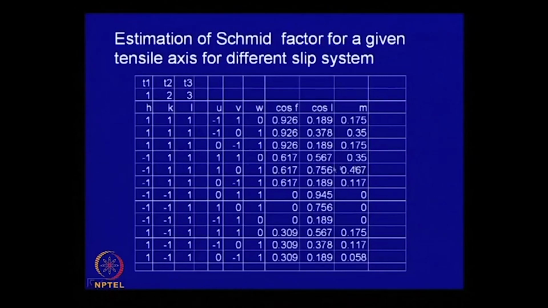Therefore, slip will take place first on this slip system, and it will continue to take place until the resolved shear stress goes on increasing, or until another slip system becomes equally likely to undergo deformation. That means, until the Schmid factor in another slip plane reaches the same value as in the previous one.